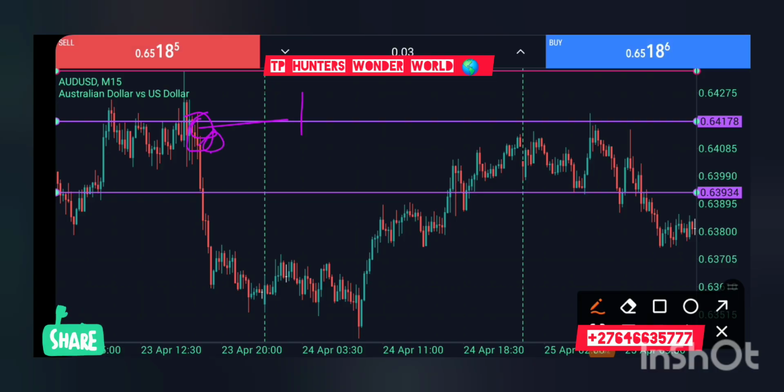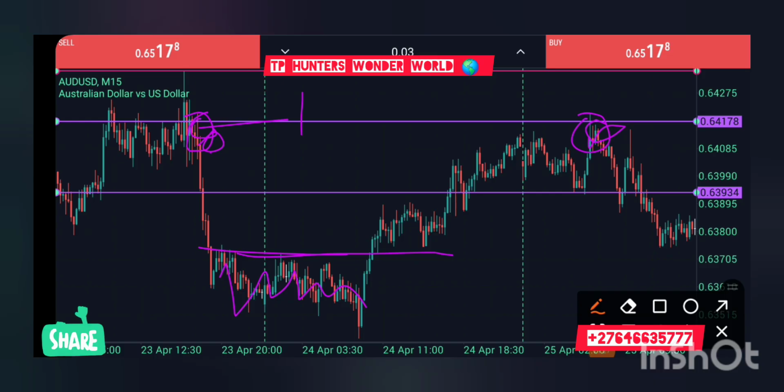Price came back here to retest its breakout. But then ask me a question: what happened before it can reach this level? Just look at this. We have too many breakouts and retests, breakout and retest, breakout and retest.